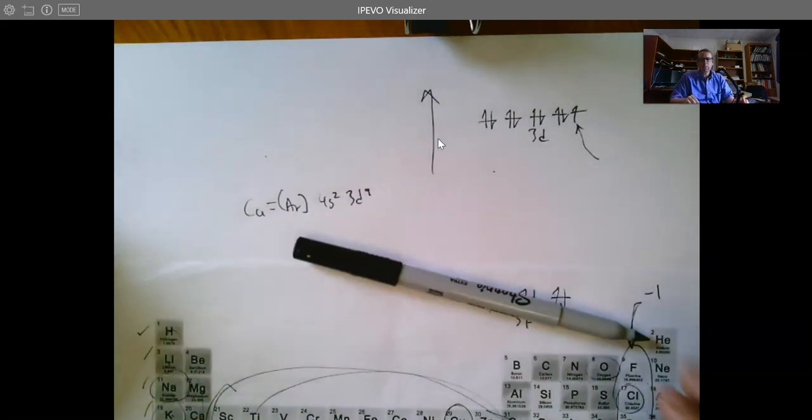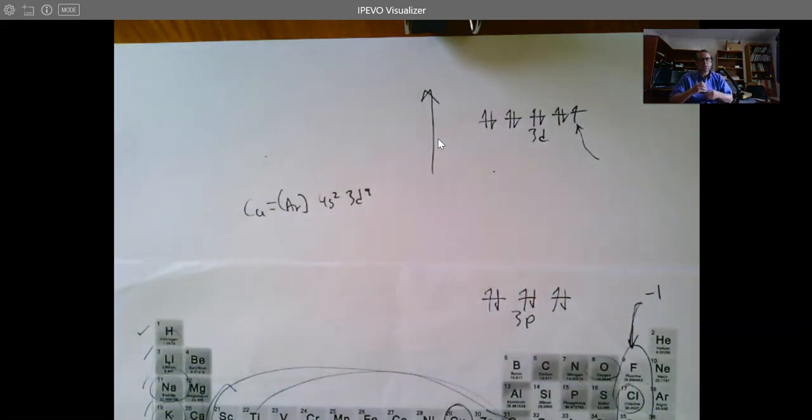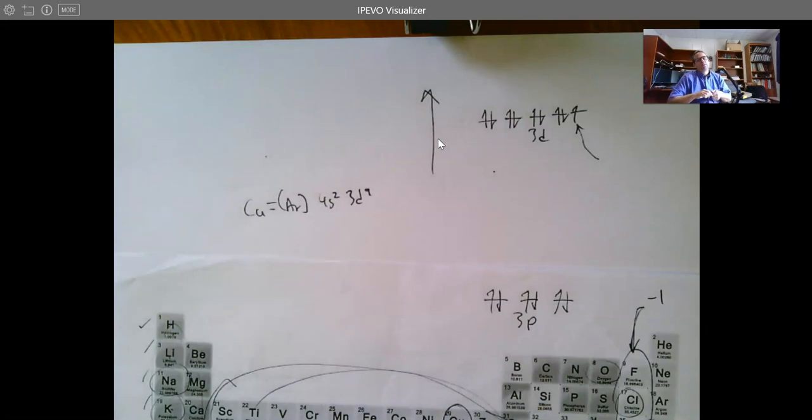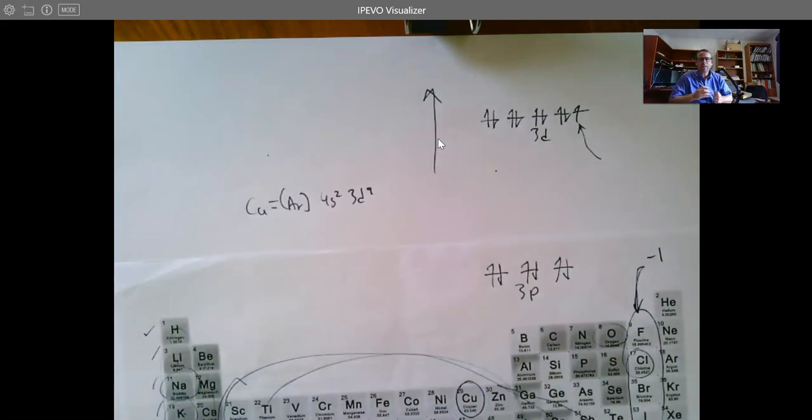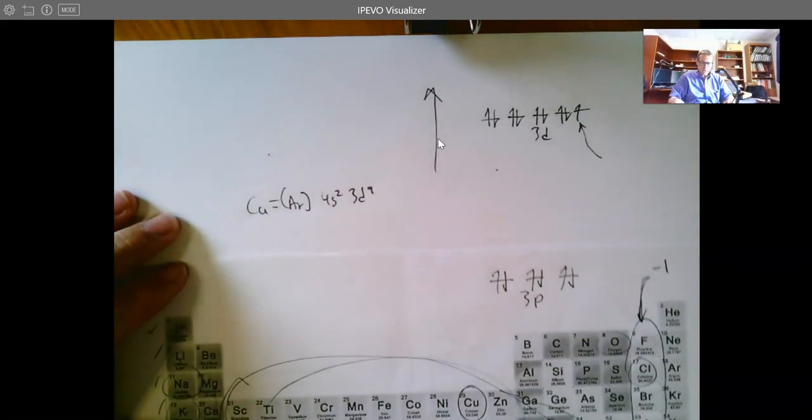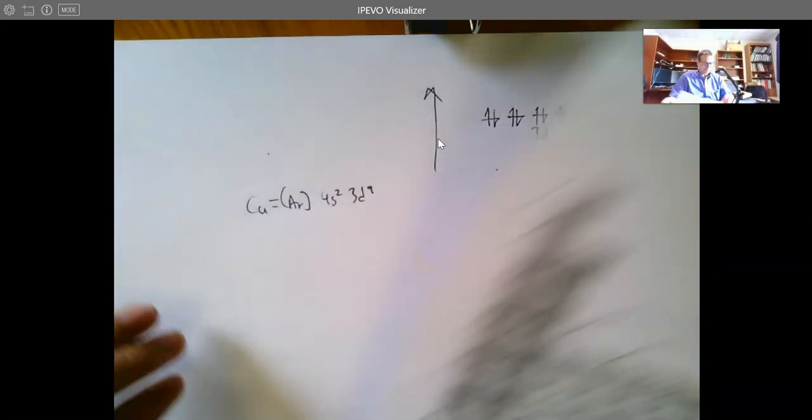Do you guys remember I told you last class why people are interested in unpaired electrons? Does anybody remember what they relate to? That's right. Magnetism. So the more unpaired electrons, the more magnetically susceptible they are. Okay? Very good.